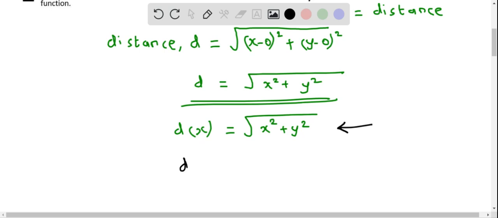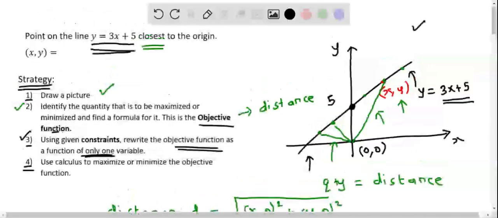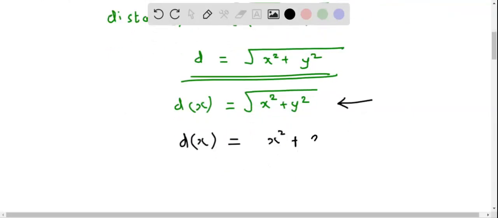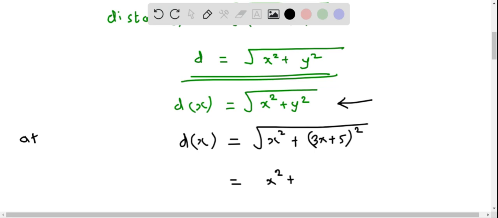So I can write d of x equals the square root of x squared plus, replacing y with 3x plus 5, 3x plus 5 quantity squared. This can be further simplified as x squared plus, expanding using the algebraic identity a plus b quantity squared equals a squared plus b squared plus 2ab.